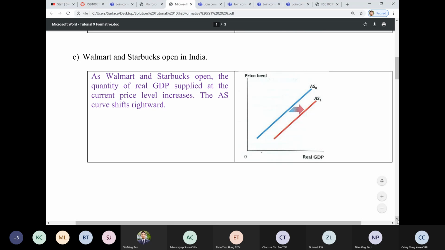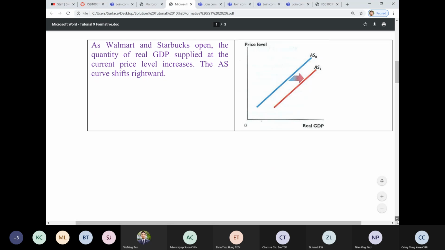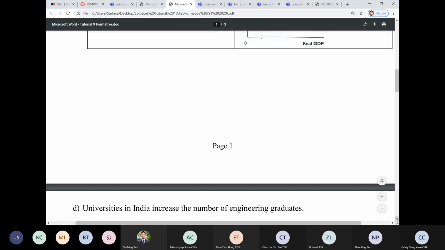And this will shift the AS curve to the right-hand side. Okay, then I'll move on to D. Let me see what is the question. Okay, universities in India increase the number of engineering graduates.